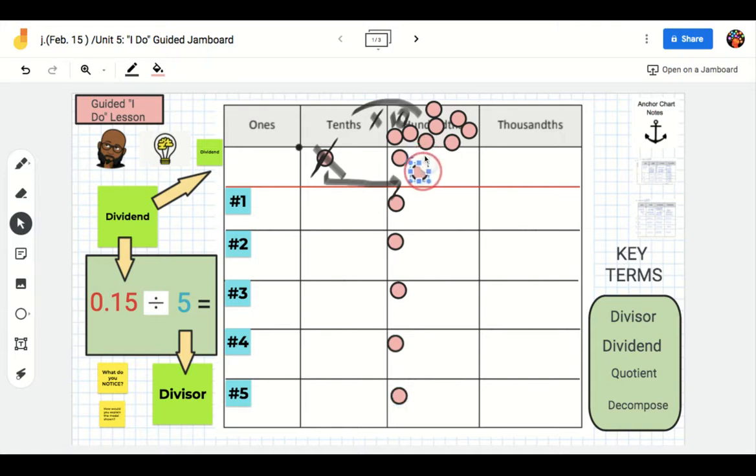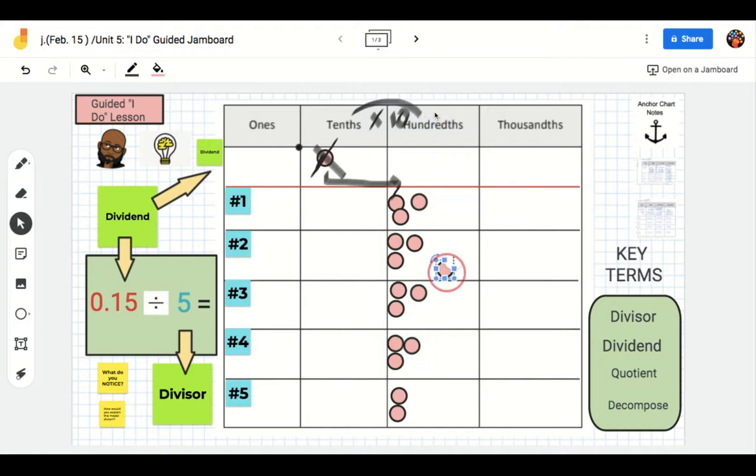So now, 1, 2, 3, 4, and 5. So now I have 2 hundredths shared equally so far, but I still got more to share. 1, 2, 3, 4, 5.